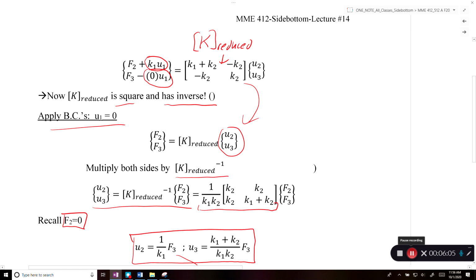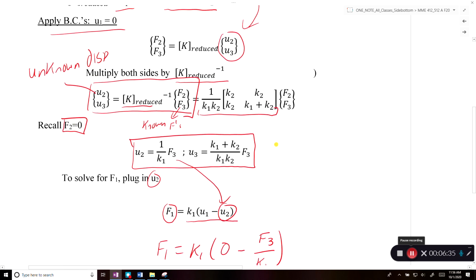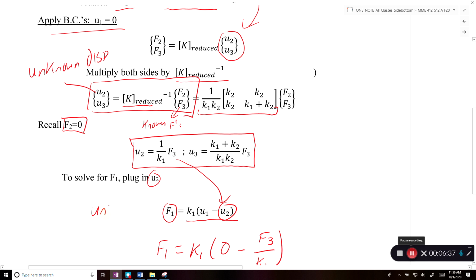So I guess this matrix here is really critical. This is our unknown displacements, this is our reduced stiffness matrix, and this is our known forces. Using that, we can solve for our unknown displacements. Once we have our unknown displacements, we can plug them back in to solve for our unknown forces.